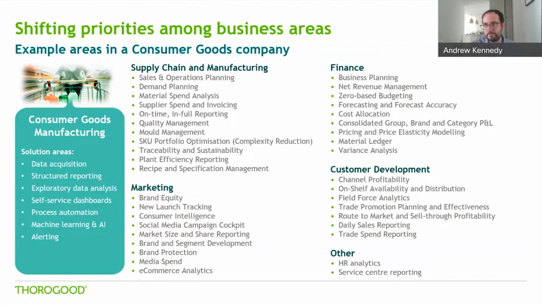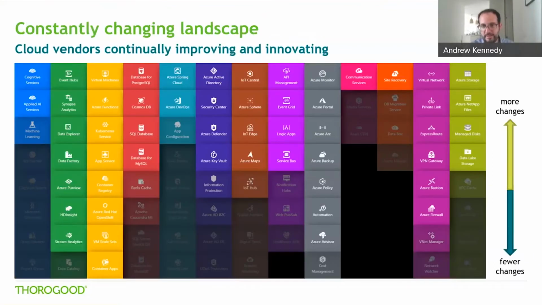The second place that a level of complexity comes in is from some of the technologies that are available. There are obviously a number of different cloud vendors. At Thorogood, we work with Azure, AWS, GCP as the three major cloud vendors. And the example I have on the screen is from Azure, but the same is true from some of the others there.